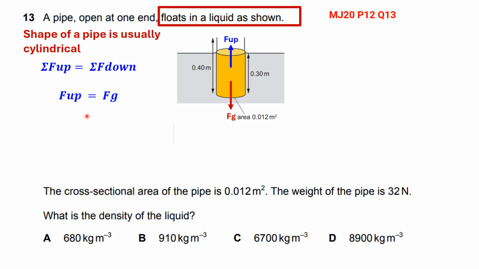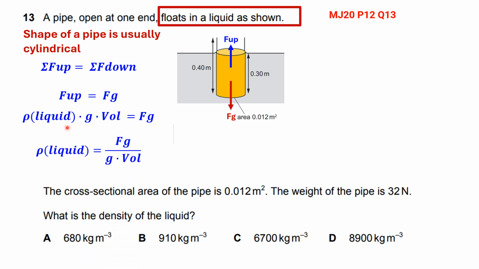So F up is equal to Fg. The upthrust force is given by the density of the liquid times g times the volume displaced, which in this case is the volume of the cylinder. So the density of the liquid, because that's what we are looking for, rearranging, is the weight of the pipe divided by g times volume.